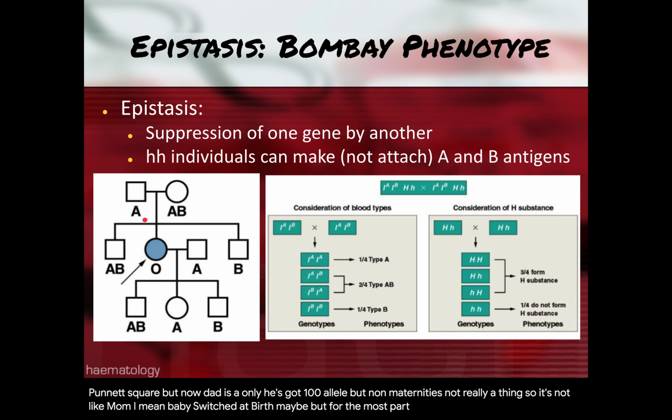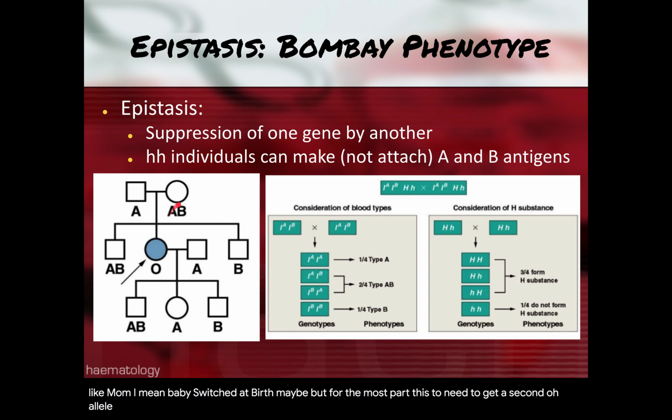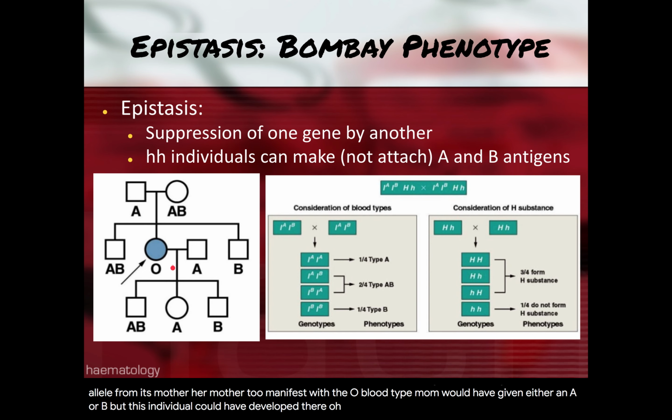But for the most part, this kid would need to get a second O allele from its mother to manifest with the O blood type. Mom would have given either an A or a B, but this individual could have developed their O blood type by lacking substance H, which is the Bombay phenotype.